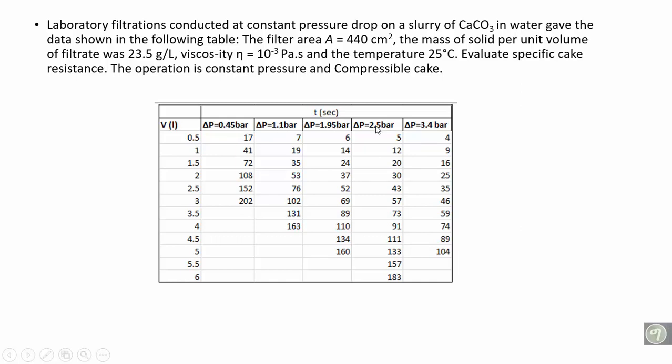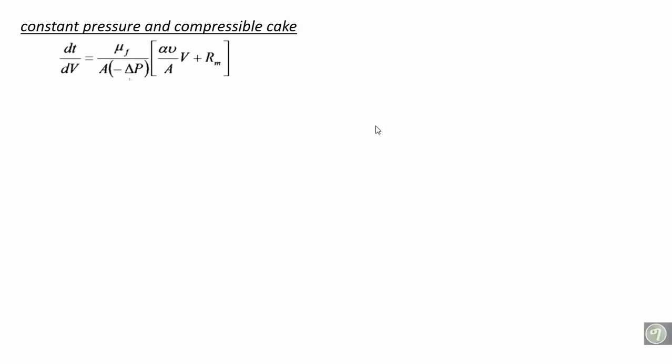Therefore, for this operation, which has a constant pressure and compressible cake, we know that the general equation for filtration can be represented with this equation, where alpha is cake resistance and Rm is the medium resistance. This is the area, the viscosity of the fluid, and delta P. So here the pressure is constant, and since the cake is compressible, alpha will be changing with the changing pressure.